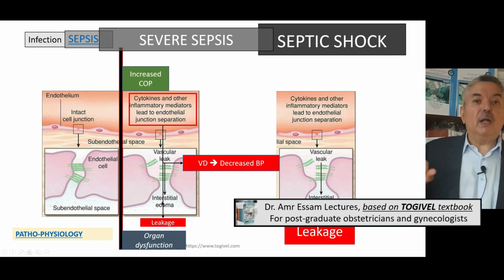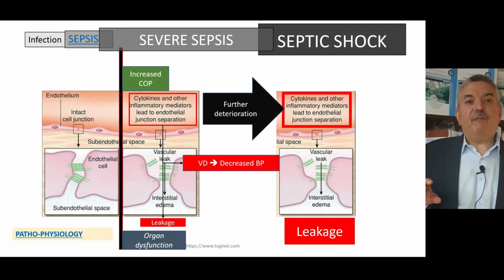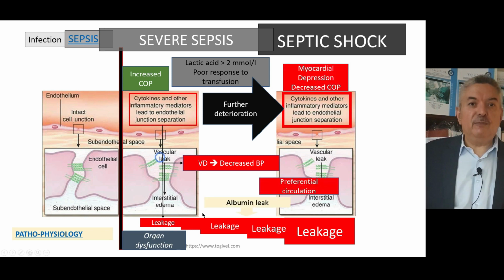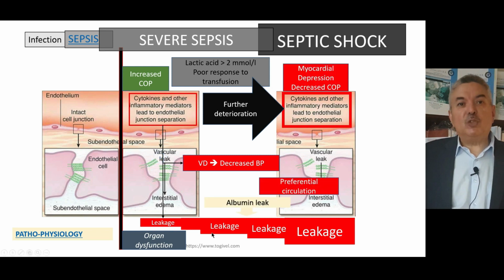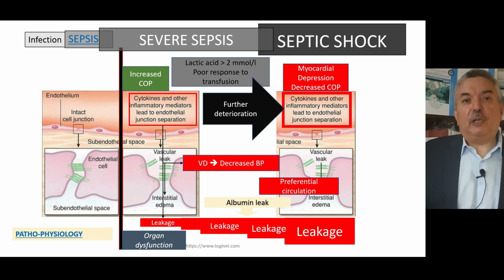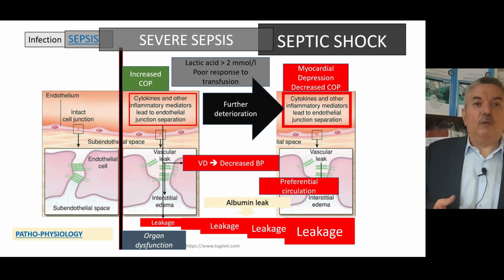And the cardiac output, which is trying to increase, is resisted by the fact that there is acidosis, and acidosis will lead to more leakage, by the way. Even albumin will leak outside the blood vessels, and if albumin leaks outside the blood vessels, this means that we are in a severe state, because albumin is responsible for the oncotic pressure, responsible to bring the fluids back into the blood vessel.